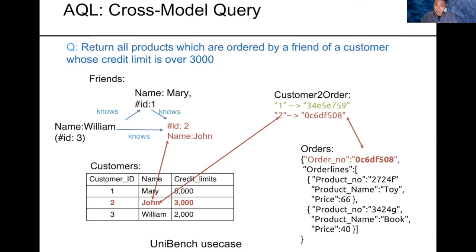The order information is kept in order documents, and the orders made by the customers are kept as key-value pairs in a key-value store. So if you want to retrieve data from all of these different types of data models, you have to join the corresponding data together.